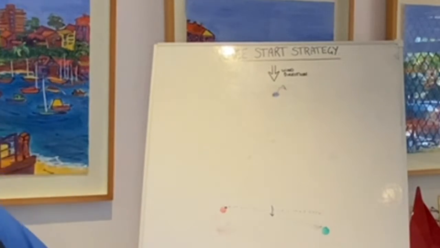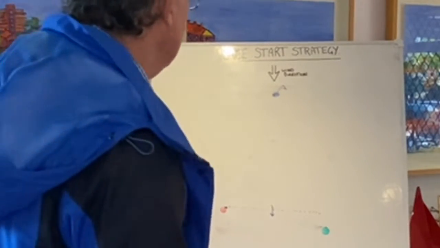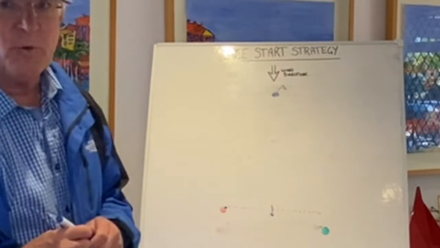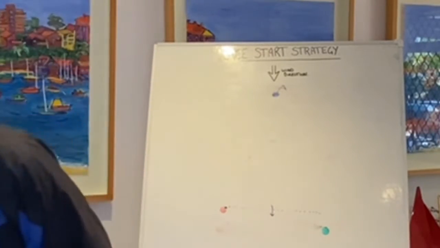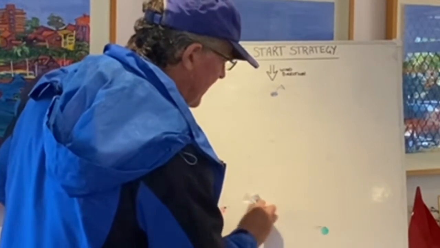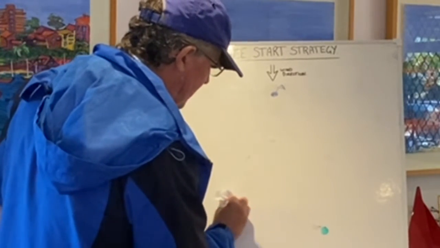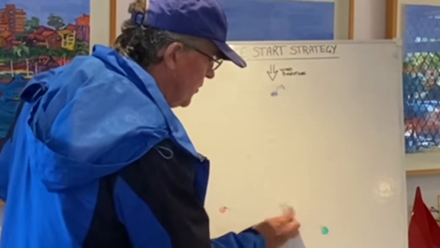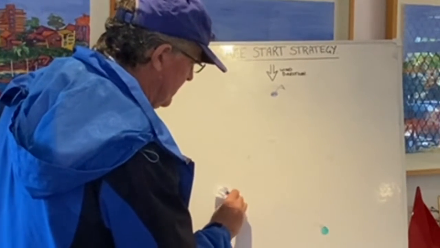Now, the question becomes, is the wind direction always the same when you start? Obviously it doesn't stay the same. The wind oscillates, and generally you find there's a consistent oscillation over the course.